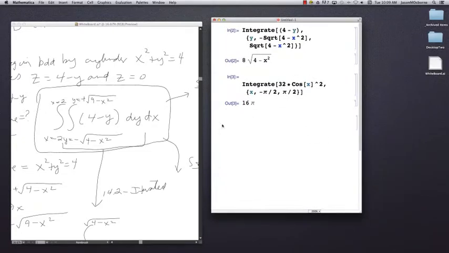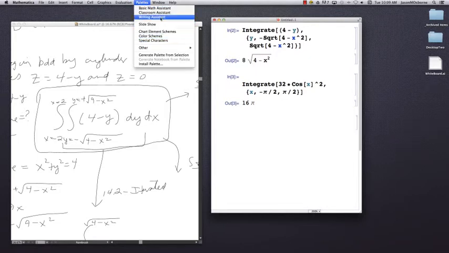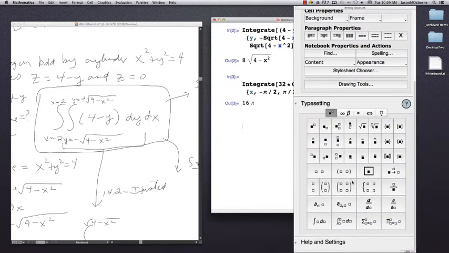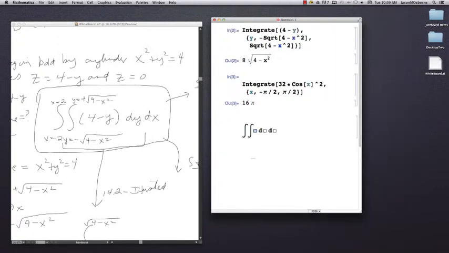So remember, you could bring up your palette, your writing assistant. There are your integrals. I could bring in one integral, and for this center function, bring in another integral. And let's put this as the integrand, the function we are integrating, as 4 minus y.